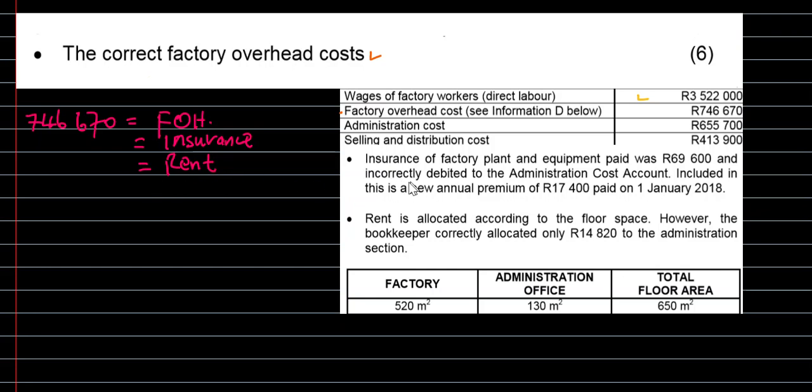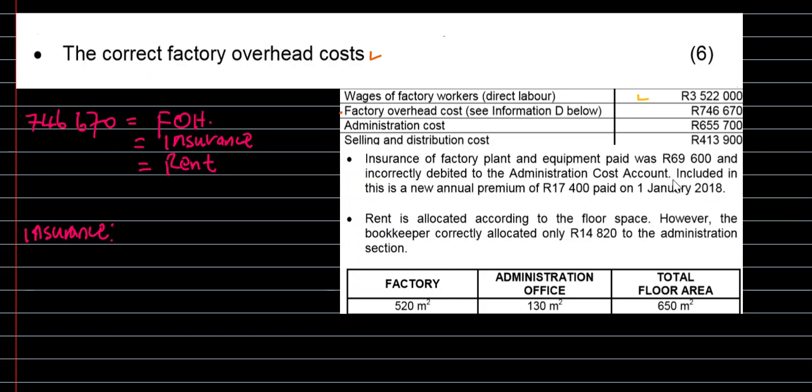But now we're given additional information. Let's start with insurance. You are given that the insurance of factory plant and equipment paid was 69,600 and incorrectly debited to the administration cost account. Included in this is a new annual premium of 17,400 paid on 1 January 2018.